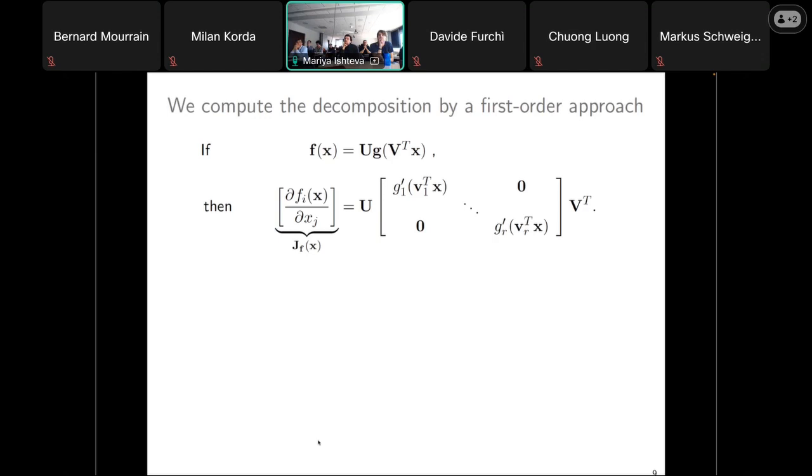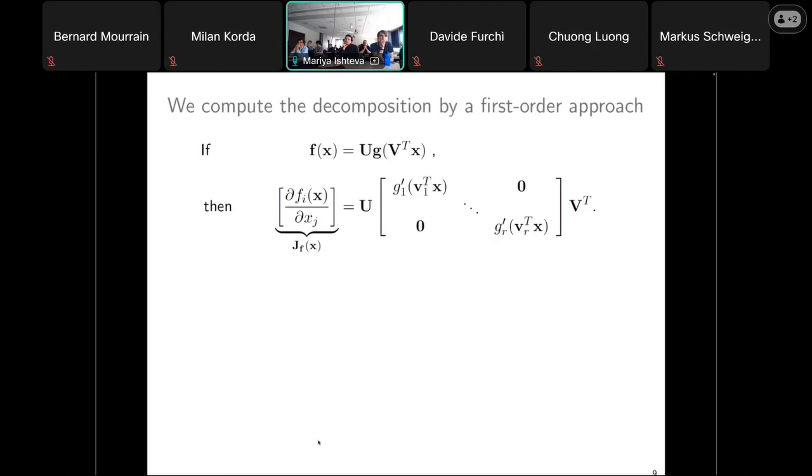And there is one more interesting fact. We have here a matrix U, here a matrix V transpose, but they do not depend on X. So they are constant. So we have a decomposition of this Jacobian for a given X, which is a diagonal matrix times another matrix.